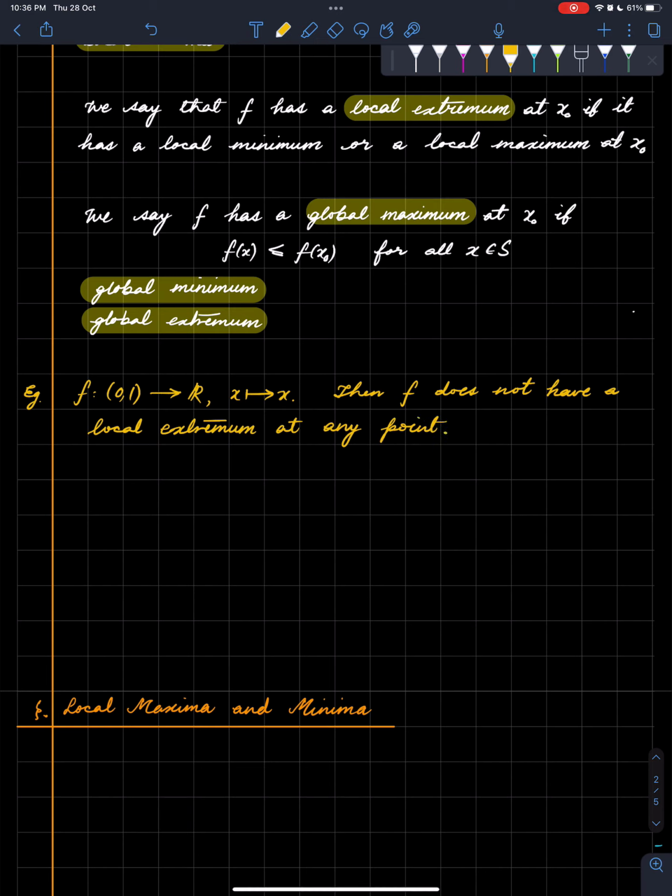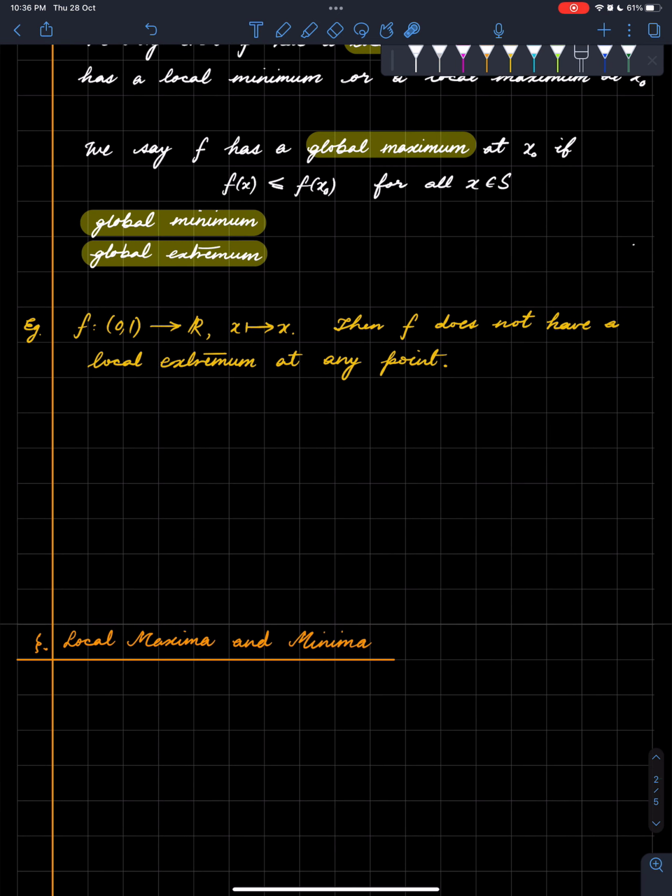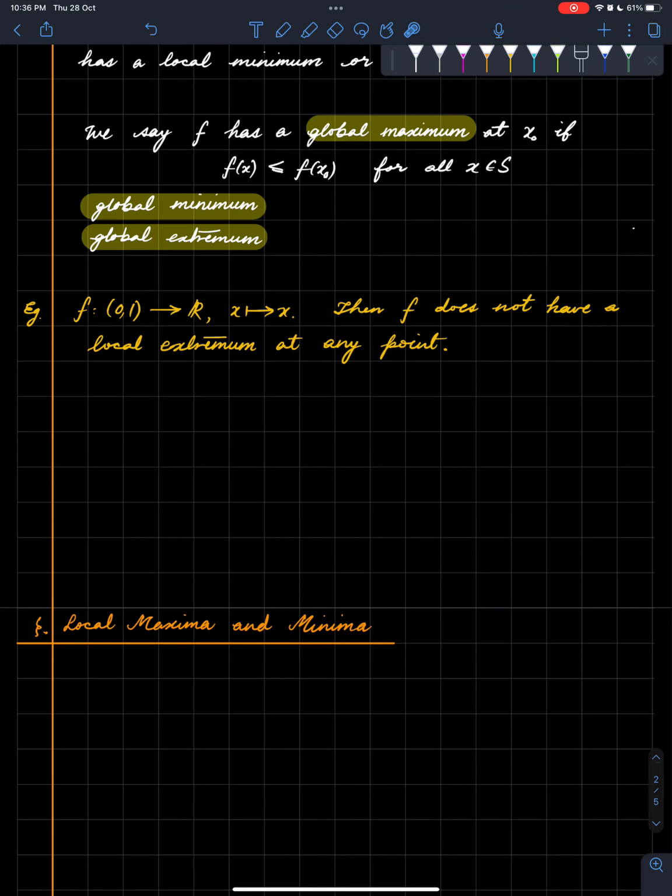No matter what point you take in the domain, there is a neighborhood such that if you move towards the left of that point in that neighborhood, you will be decreasing, and if you move towards the right of that neighborhood, you will be increasing. So it is neither local minimum nor local maximum.